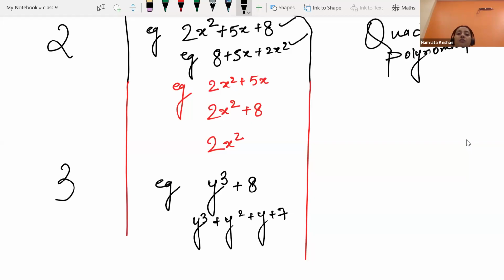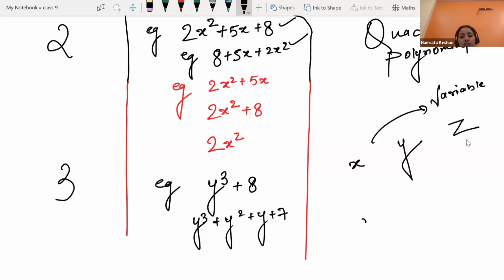In general, when we talk about variables, we use small letters x, y, z to show variables in maths. And to show numbers, we use a, b, c, m, p. These are alphabets. When we want to show a value, a number, we use a, b, c, d. Getting it?